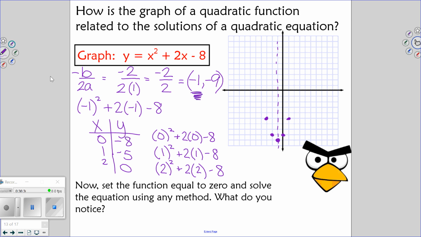All right, so 2, 0. And then reflect that. Normally, I don't make you do that many points, but I know where this is going, so I wanted you to see something, okay? All right, questions on the actual graphing?